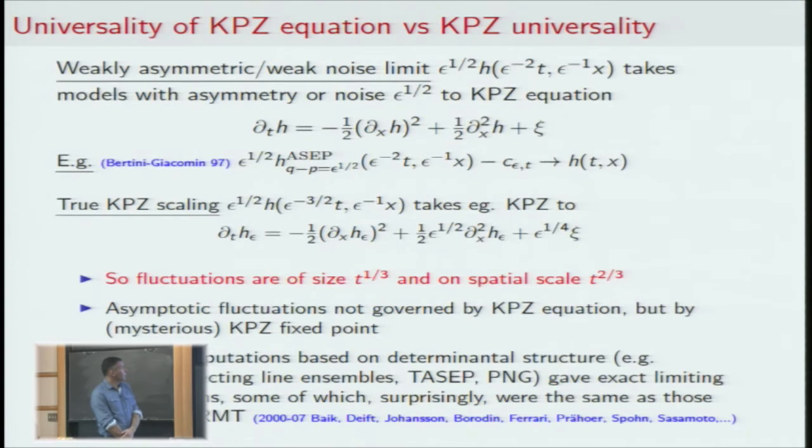Okay, now I just want to recall the difference between the KPZ equation and the KPZ universality class. The first model I showed you, the Eden model, is a KPZ universality class object.